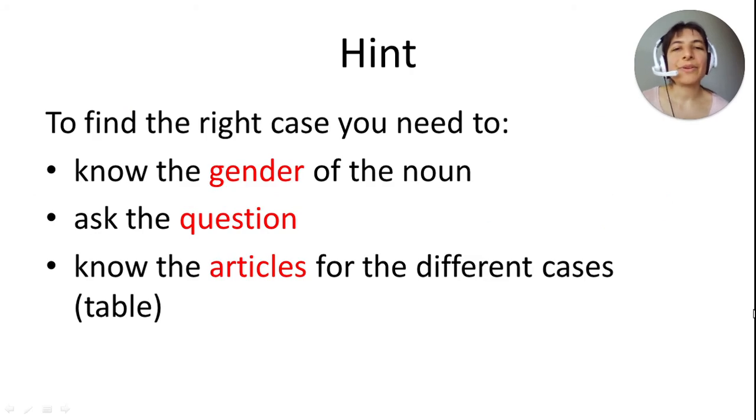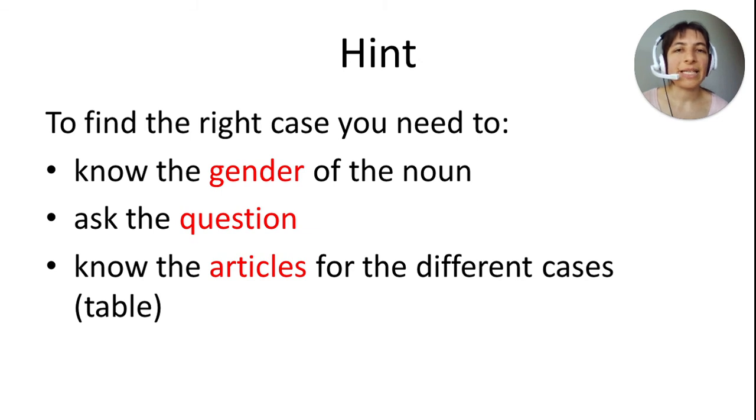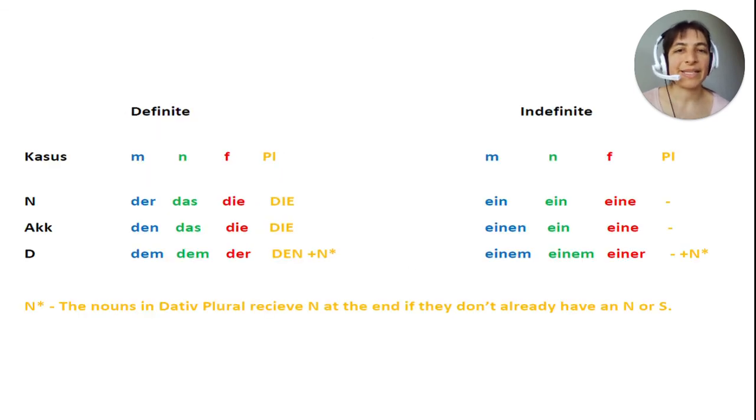And a hint from my side: to find the right case, you first have to know the gender of the noun, then ask the question and know the articles for the different cases from this table. So my advice here is to really learn every noun with its gender, and ask the questions for the different nouns in the sentence, and then always have this table in front of you till you know it by heart.